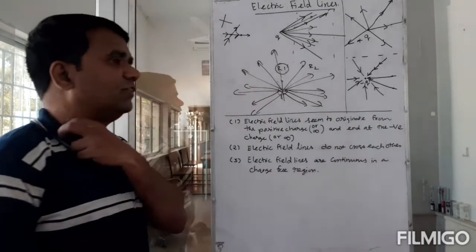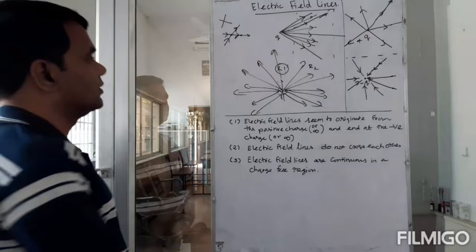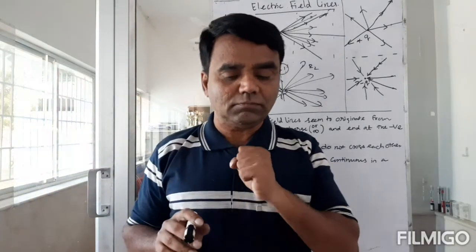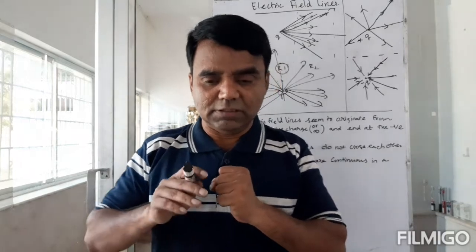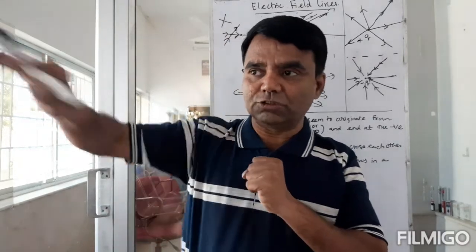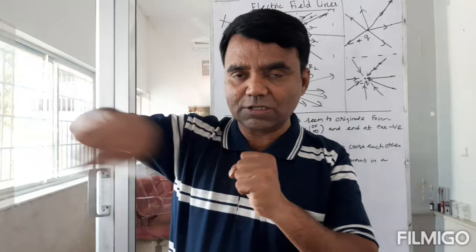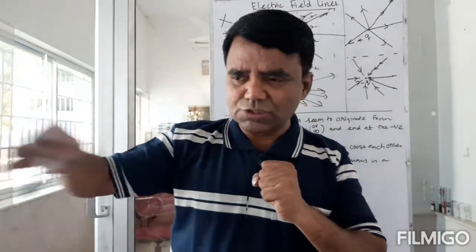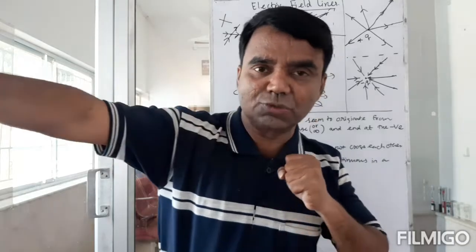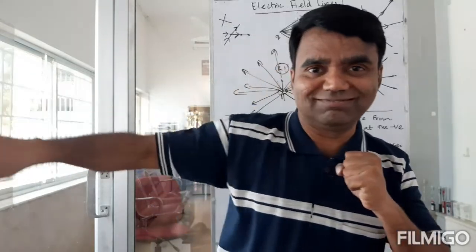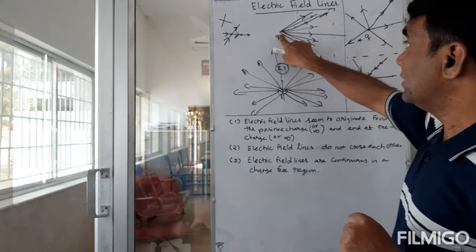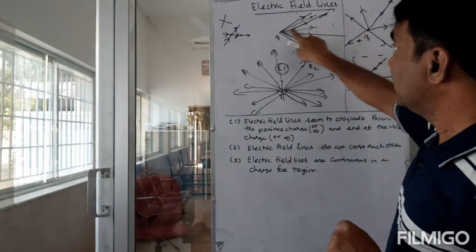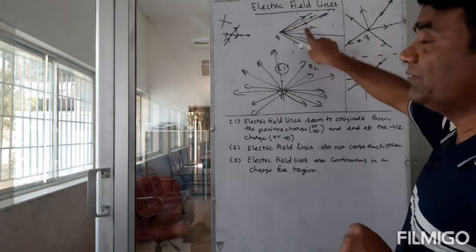So what does it mean first? Look at this. You have a positive charge. For this charge you are going to draw lines. They go in all directions. There is no other charge, so these lines are continuous in a charge-free region. Here, you have a charge, but there is no charge here, so it's continuous. Continuously going in charge-free regions.